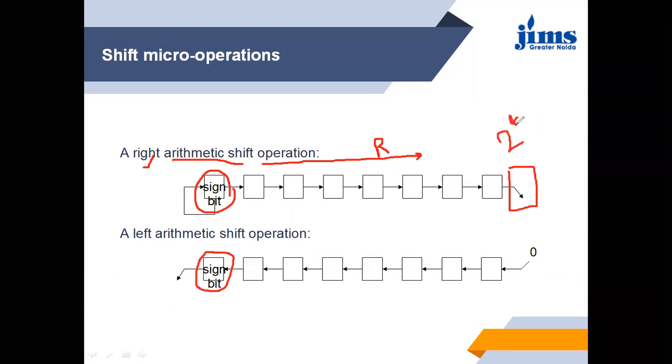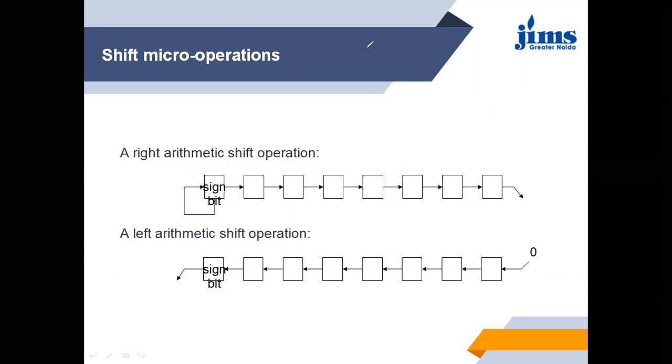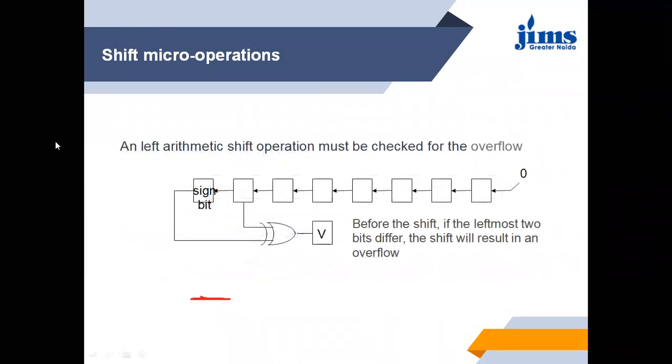If we are multiplying any number by 2, and the value is more than this, then the register is going to overflow. So in the left shift we have to check whether the register is overflowing or not. For this we have to use one circuit.